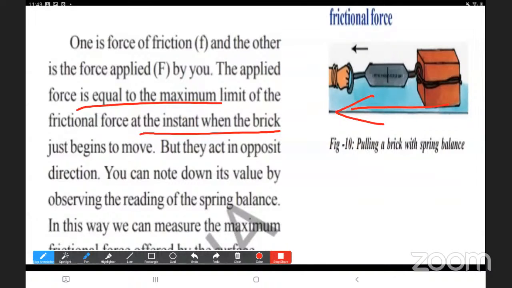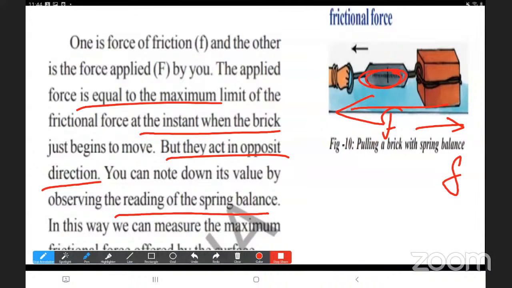The applied force is denoted with capital F and the frictional force with small f. The frictional force is opposite to the applied force. So you can note down its value by observing the reading of the spring balance. In this way, we can measure the maximum frictional force offered by the surface.